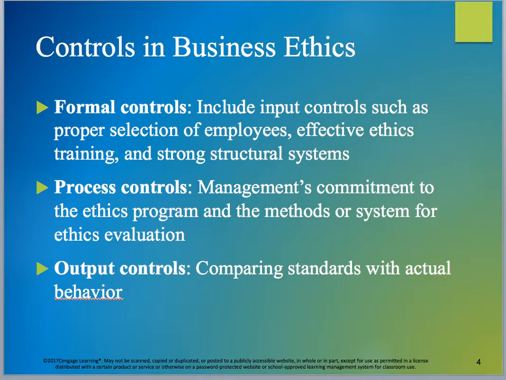I mentioned in Chapter 8 about control mechanisms, and controls in business, you have formal, process, output controls. And in the formal control, that includes input controls such as your proper selection of employees and effective ethics training and strong structural systems.